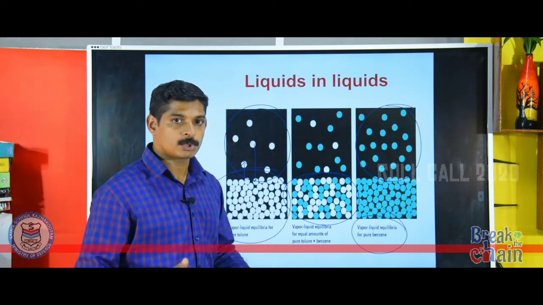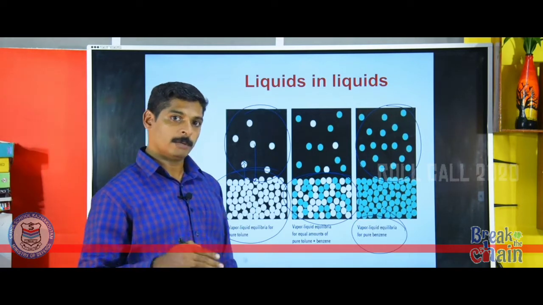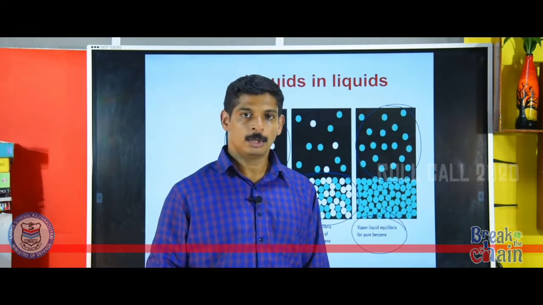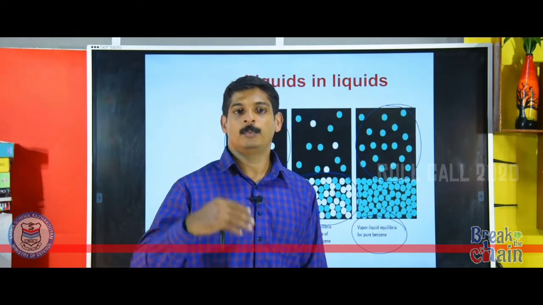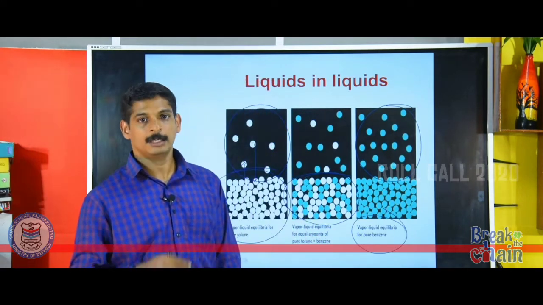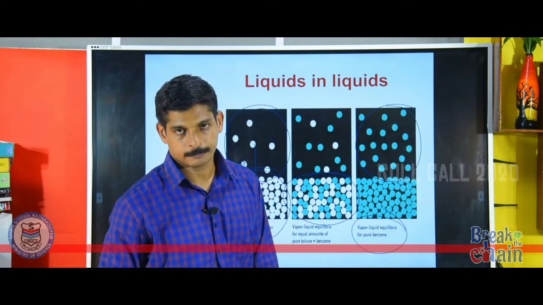Both of them start to evaporate. The liquid form changes to vapor. Do you think only benzene will come into vapor or only toluene will come into vapor? No. Both the vapors of toluene and benzene will be formed in the vapor.